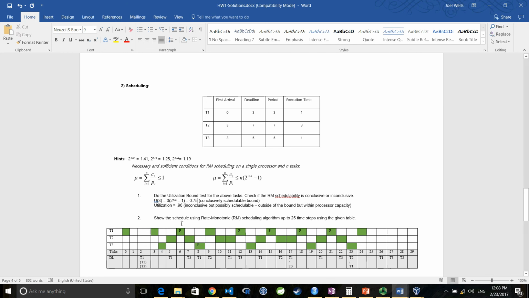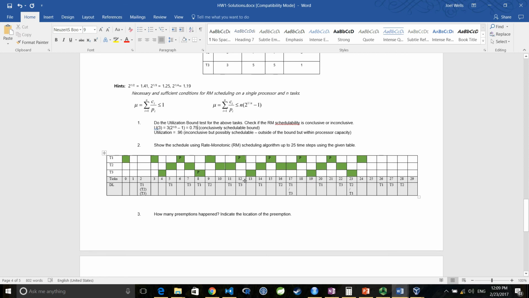But you're not. Your utilization when you compute is actually 0.96. So you're in a maybe schedulable, maybe not realm. You're less than or equal to 1, but you're not less than or equal to the utilization bound.